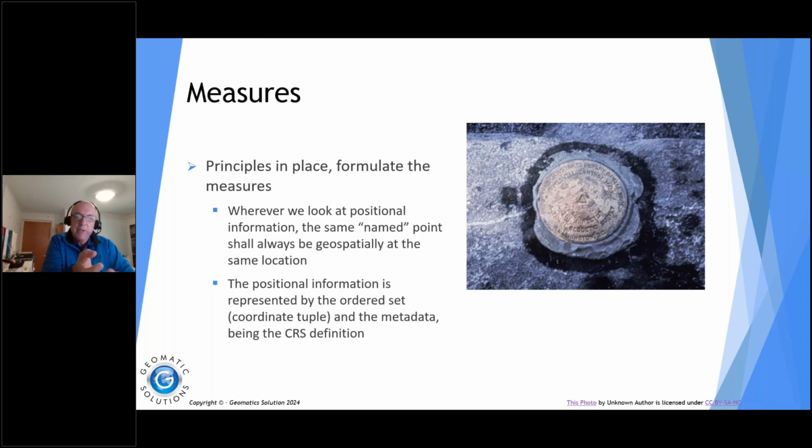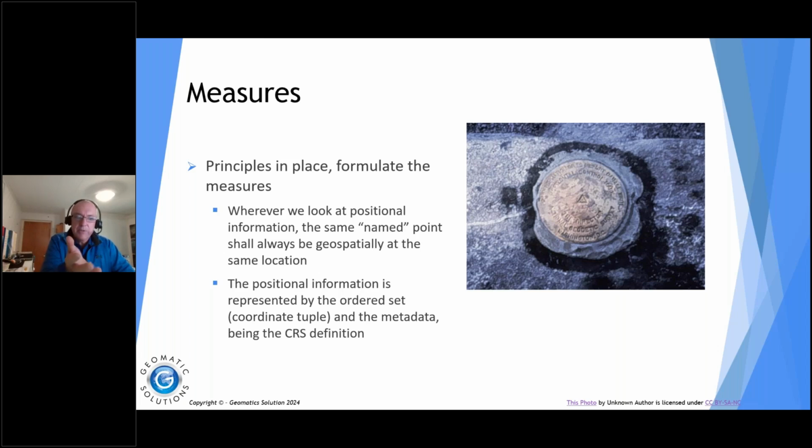In essence, what it means is that if we go out and we survey a point, and that point then travels through a number of applications, and it goes through a number of different conversions and transformations, and even gets expressed in a different coordinate reference system, that shall always still point to the same point on the Earth.